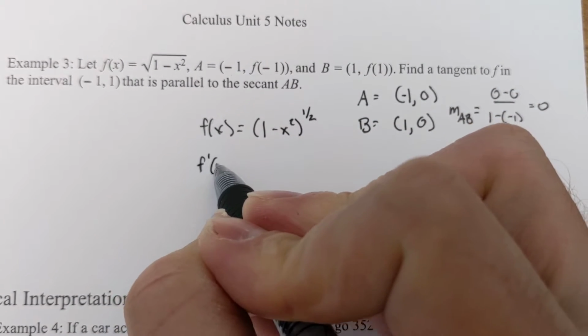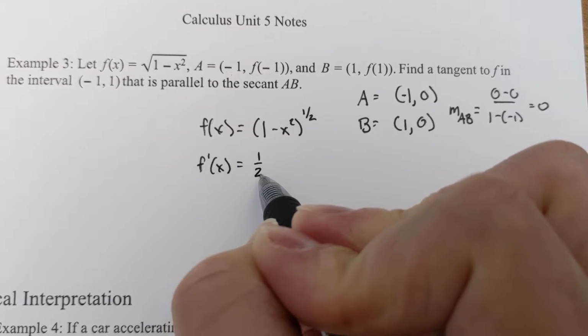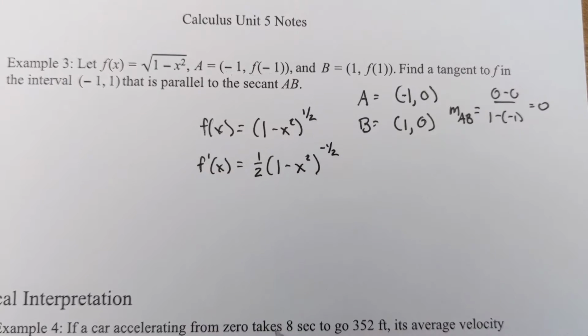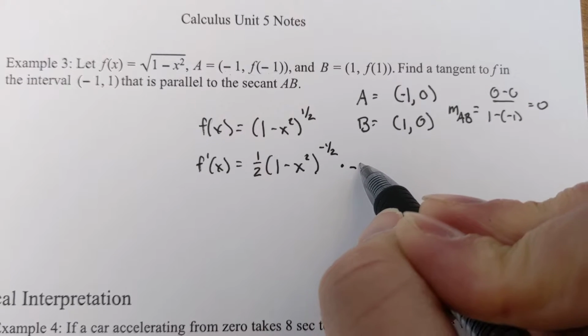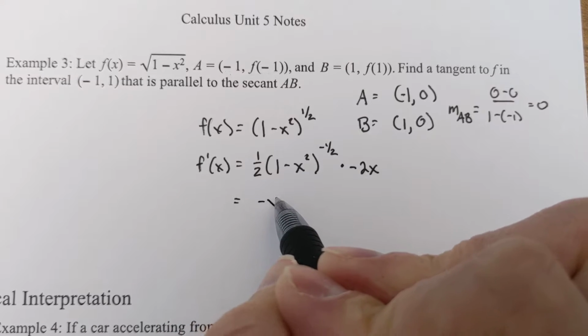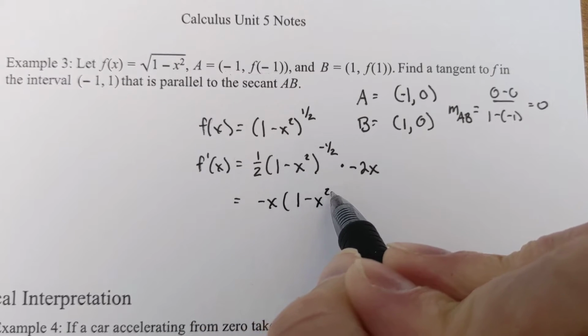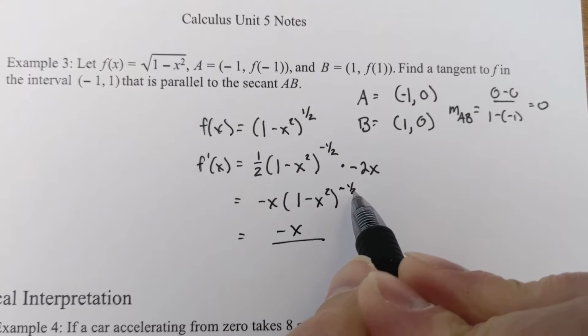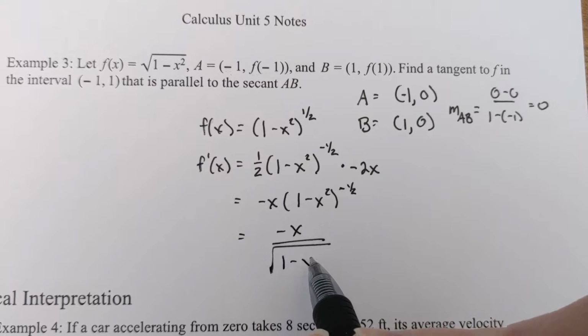So f prime, the derivative, exponent comes out front, leave the inside alone, count down by 1, and then multiply by the derivative of the inside. So this would be negative x times 1 minus x squared to the negative half. So I'm actually going to rewrite this. That negative half is a square root on the bottom of the fraction.